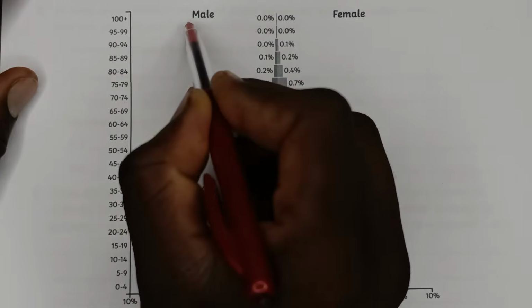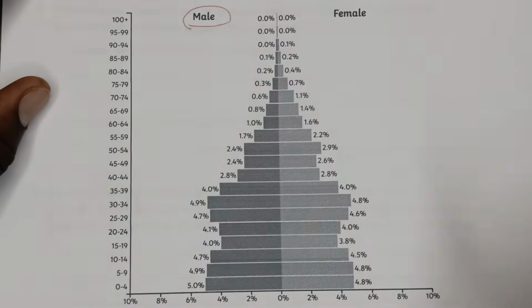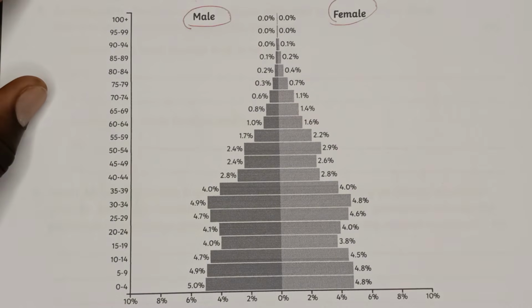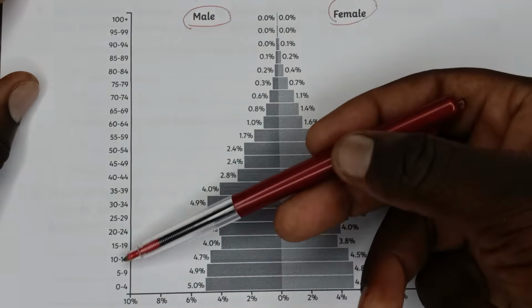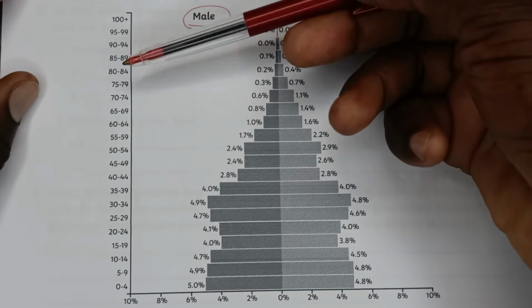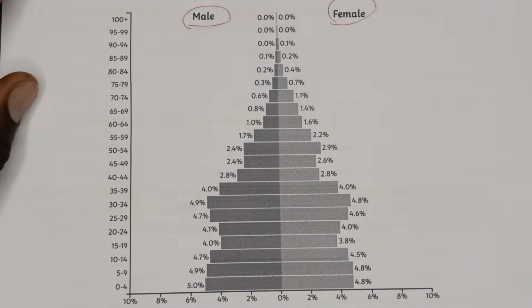The genders that we have here are male and female. Here they are showing percentages, and here they are showing age.